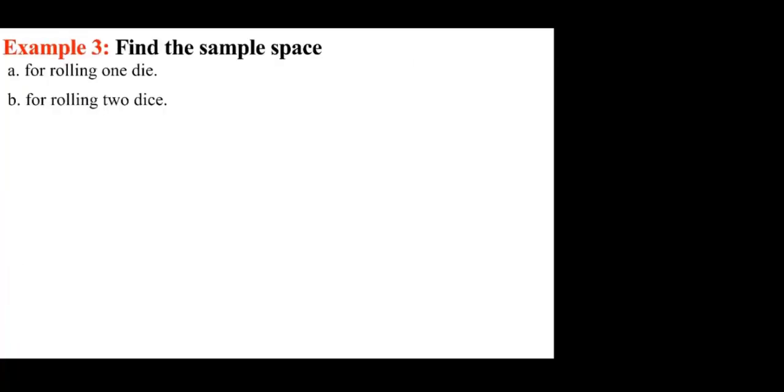We want to find the sample space for rolling 1 die and then 2 dice. First, I think 1 is very clear. There are 6 sides, and therefore there are 6 outcomes, numbers 1 through 6. But how many outcomes do we have in the second case? There are 2 stages.